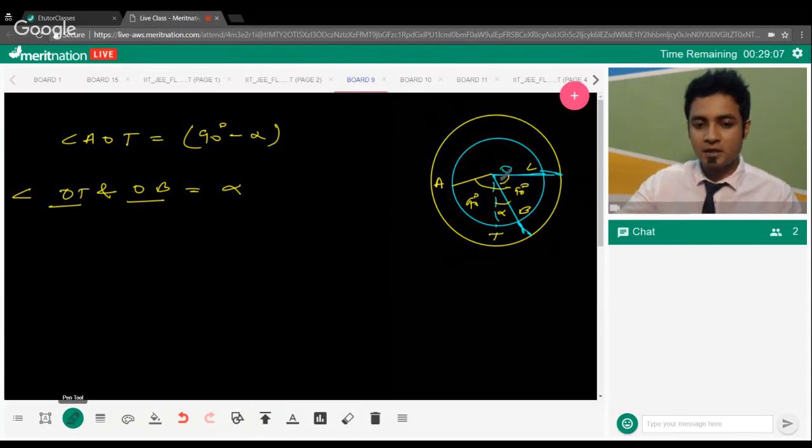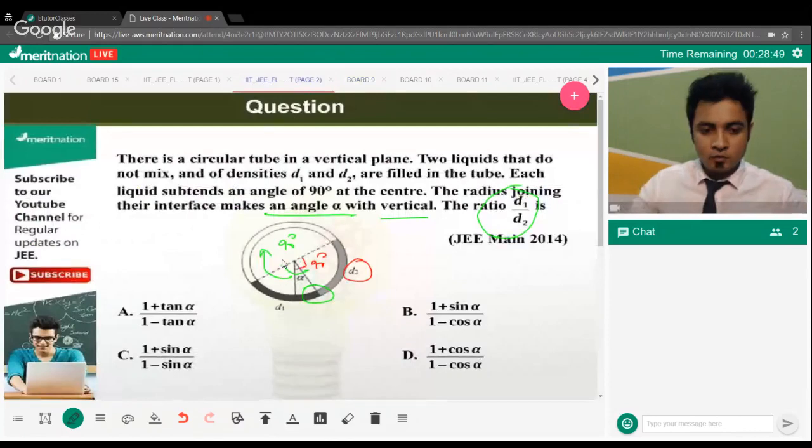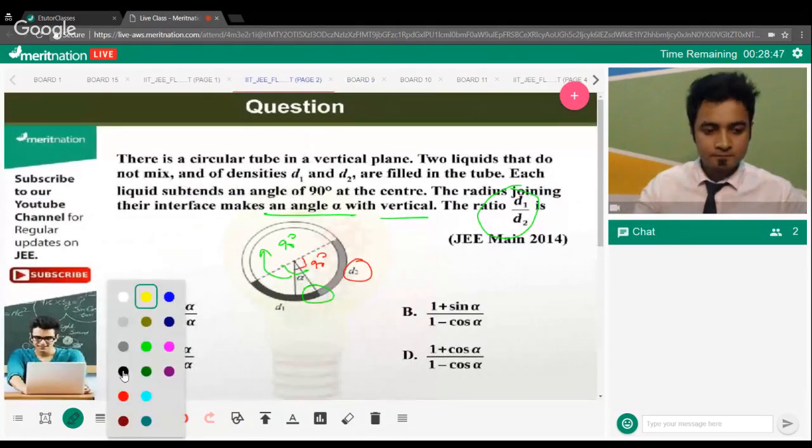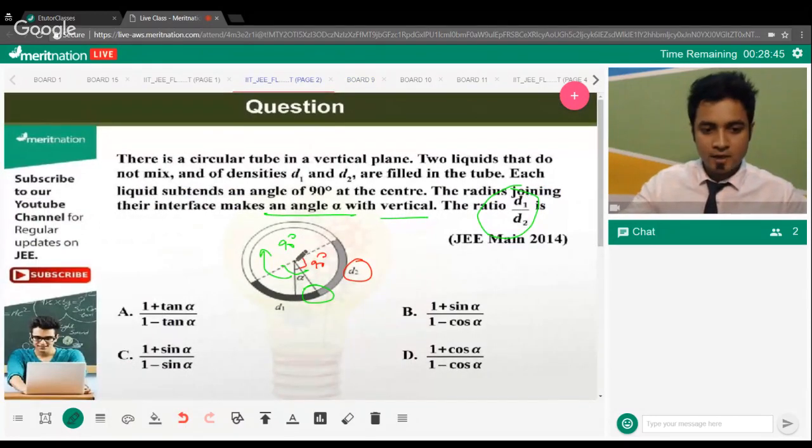So if I am sketching a perpendicular here, this one is also alpha. Let me just take to this figure actually. So what I'm doing here is, if I am sketching this line, this is also alpha, right?